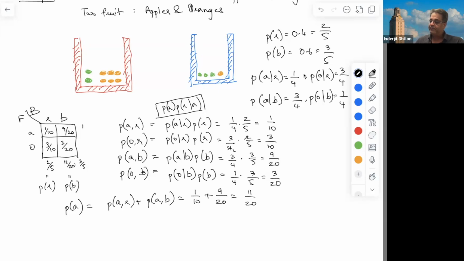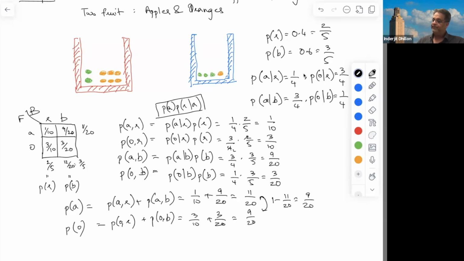So that's this sum. And what about P of O? Well, P of O is P of O comma R plus P of O comma B, which is 3/10 plus 3/20, and that is equal to 9/20. We could actually have also gotten it from here. It's basically 1 minus 11/20, which is equal to 9/20.